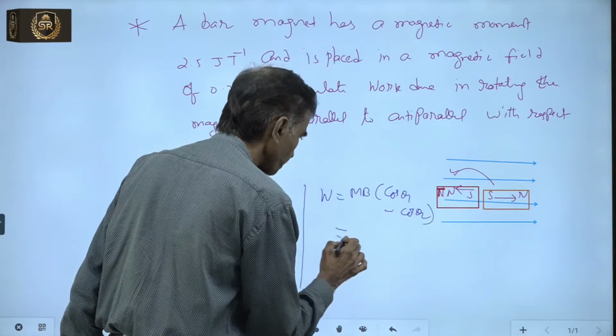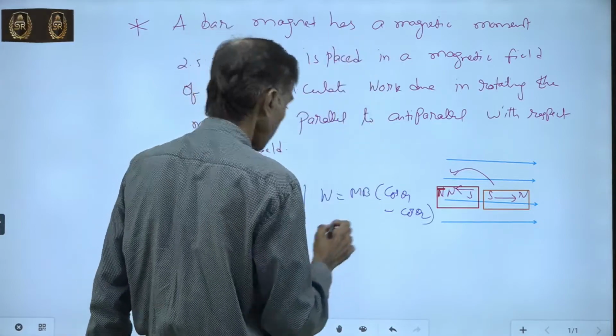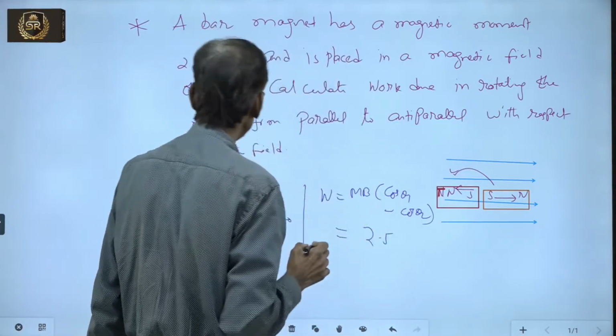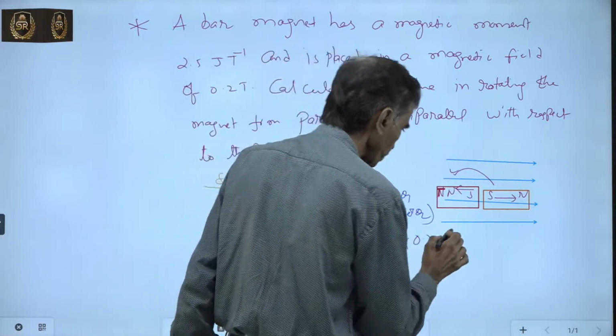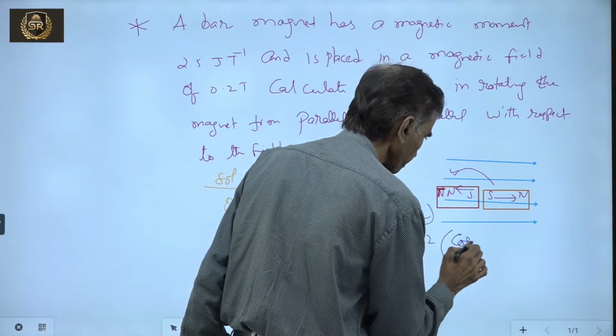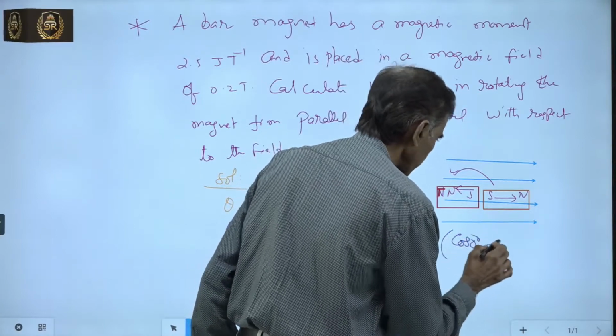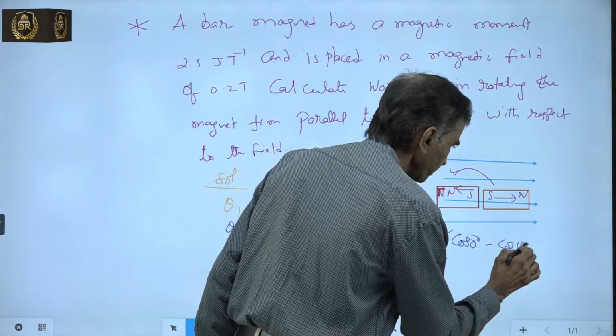That is equal to M is 2.5 and B is 0.2 into cos 0 minus cos 180.